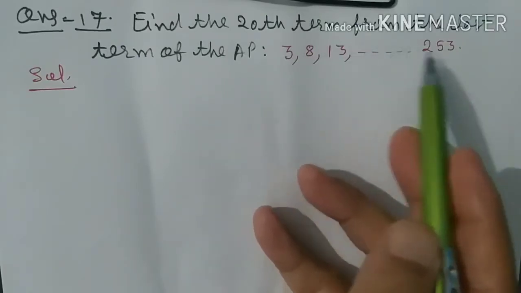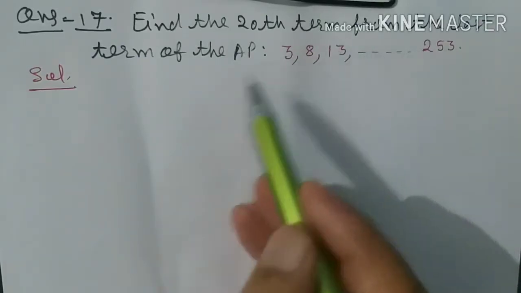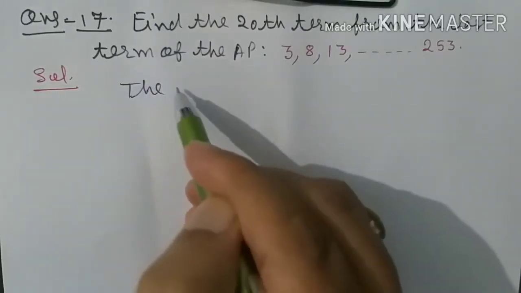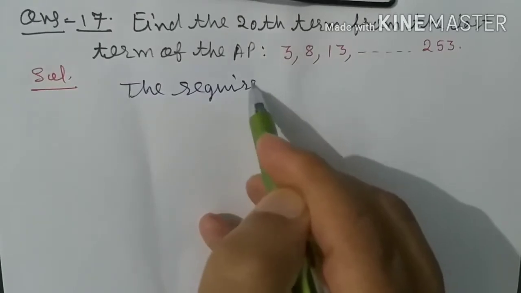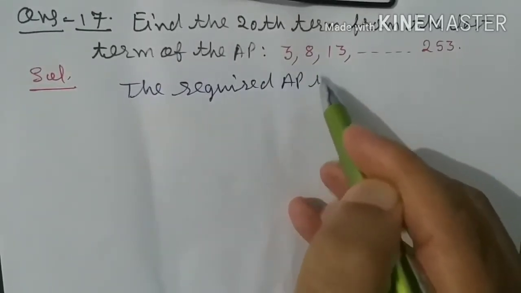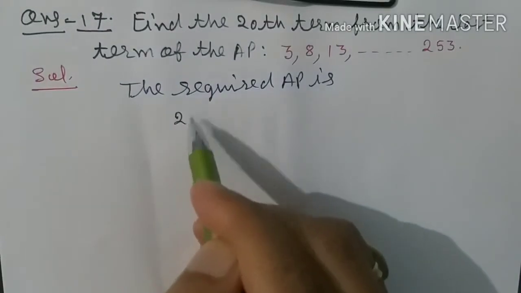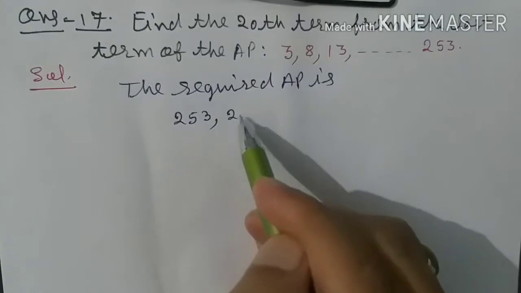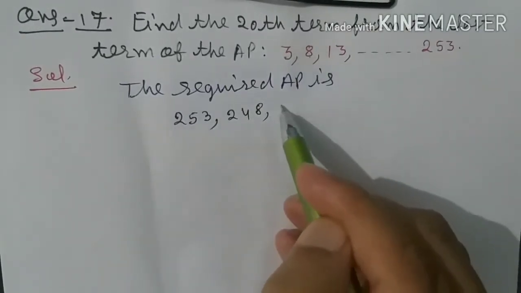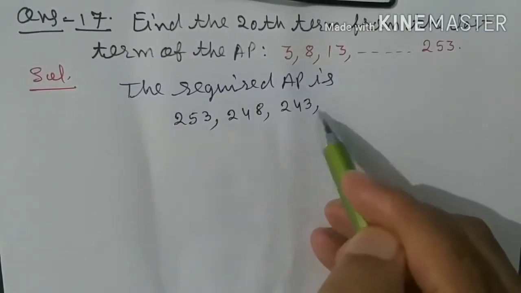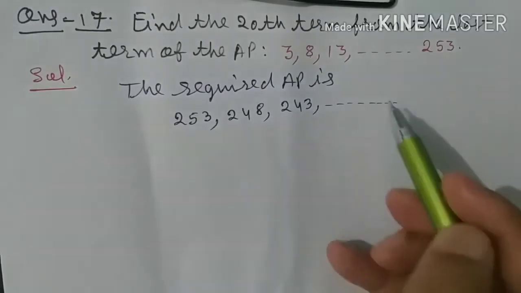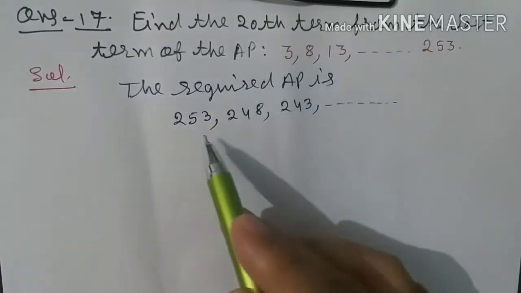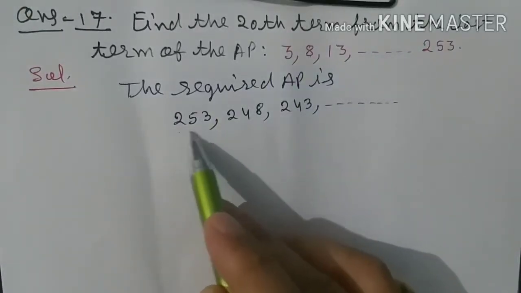It means the required AP is 253. 5 gap means 248, 243, and so on. Now simple: 20th term from the last term. Now 253 is the first term.